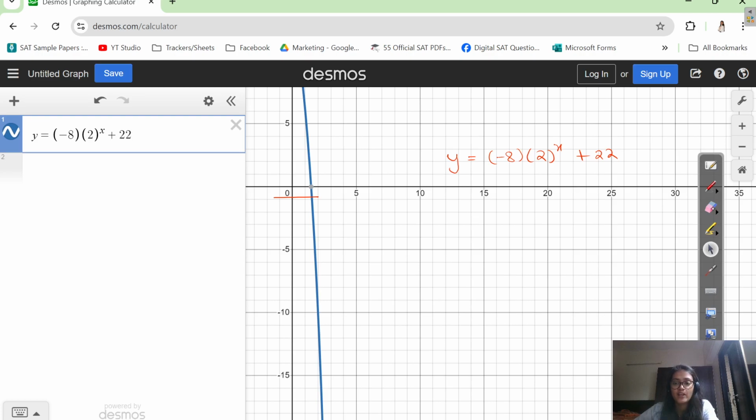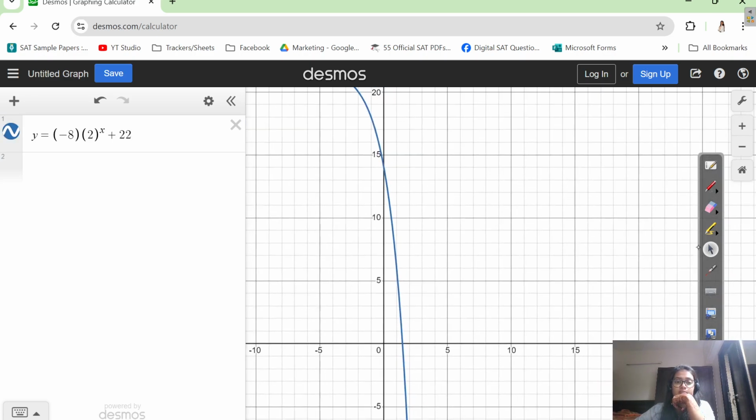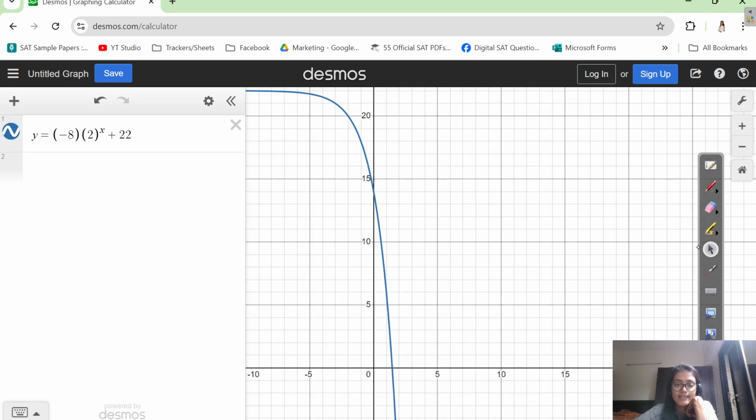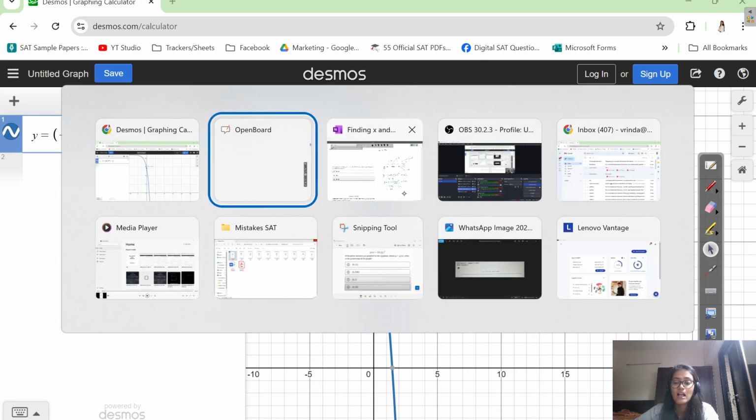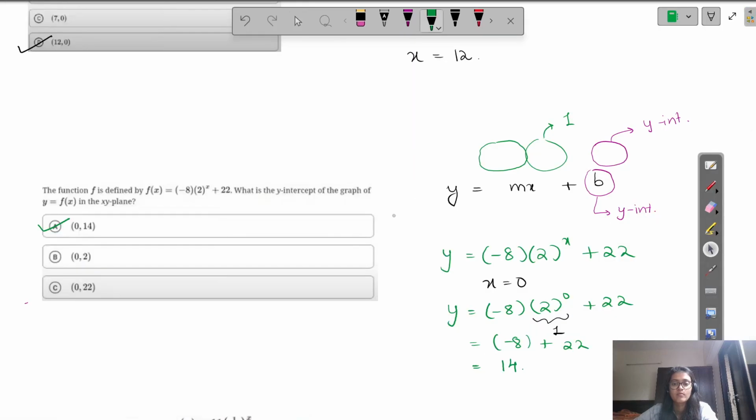When you have to find out the y-intercept, you will see at which point the graph is touching the y-axis, and it is this point, 0, 14. So our answer was correct. Again, with DESMOS, it will just take you a few seconds.